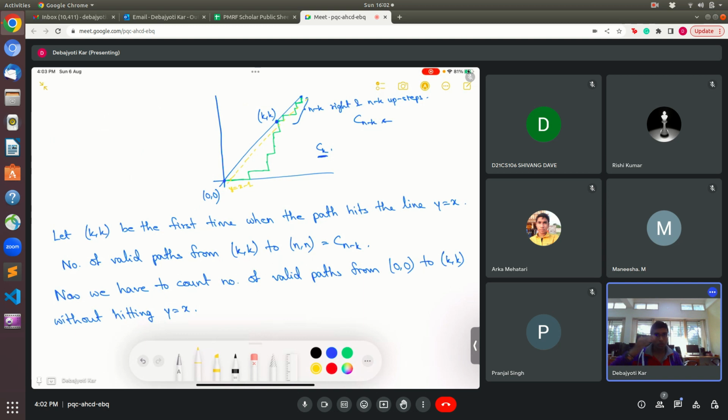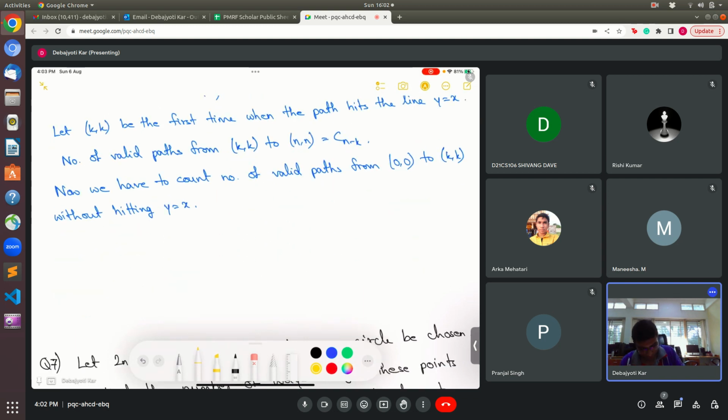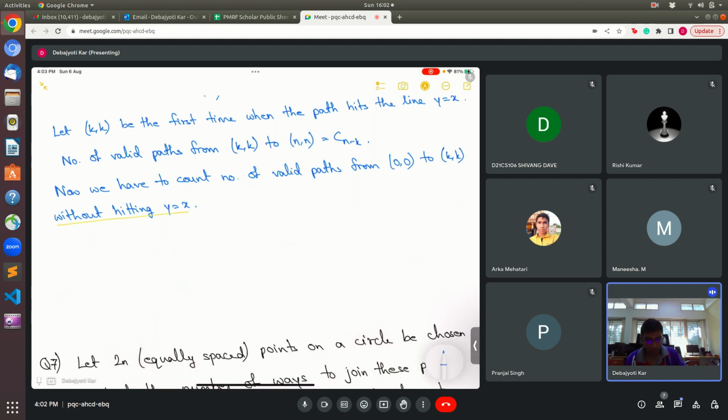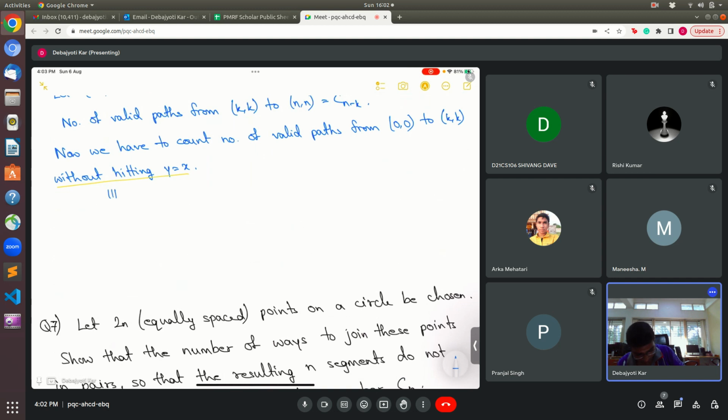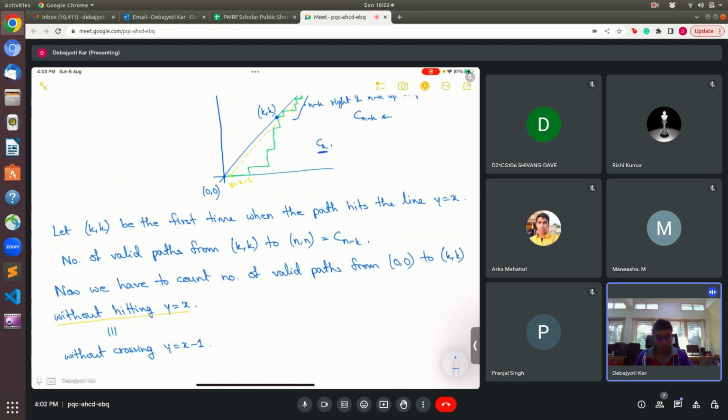So if you do not want to hit y equal to x, you do not want to cross the line y equal to x minus 1, which means you want to go from 0, 0 to k, k without crossing it.